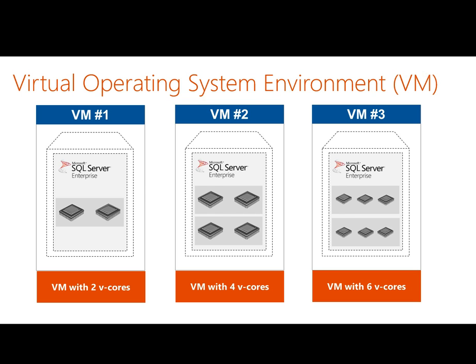So 4 divided by 2 is 2. So the total number of licenses of Enterprise Edition is 7. So 2 licenses on VM1, 2 licenses on VM2, and 3 licenses on VM3. So if you total it, it's 7 licenses.